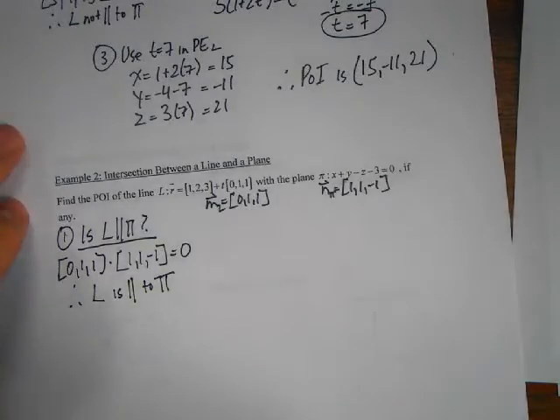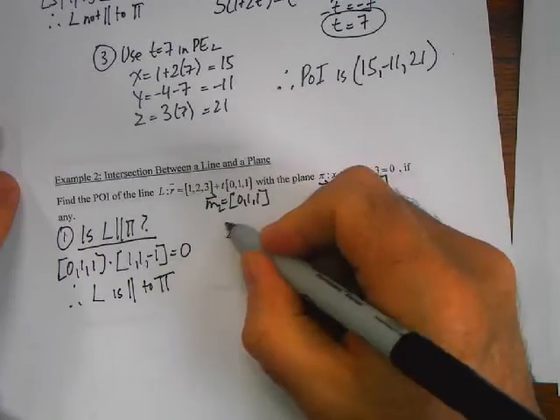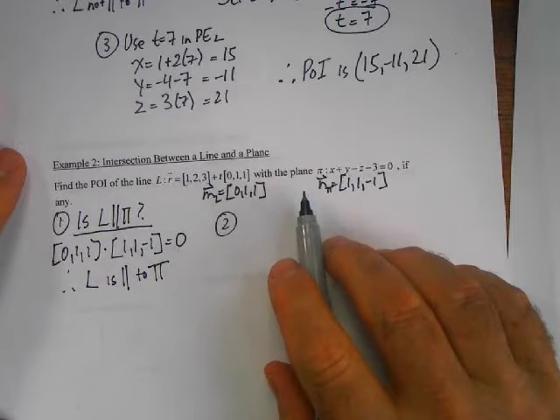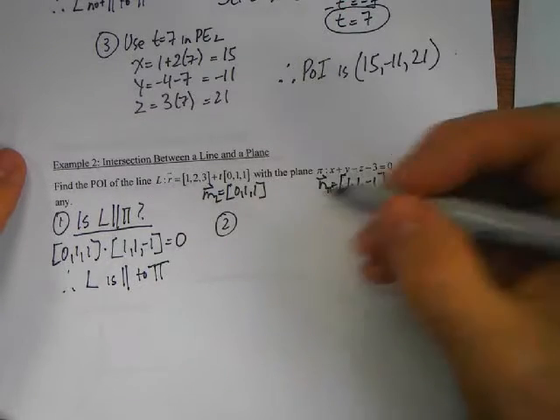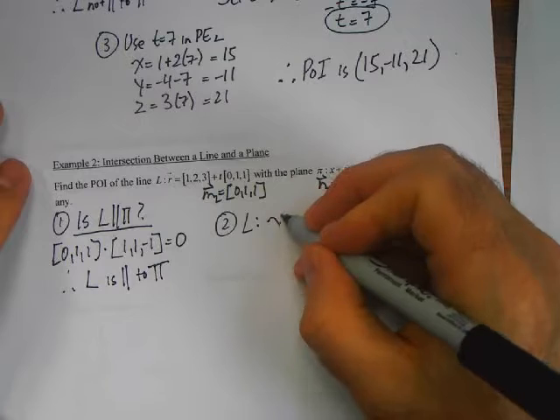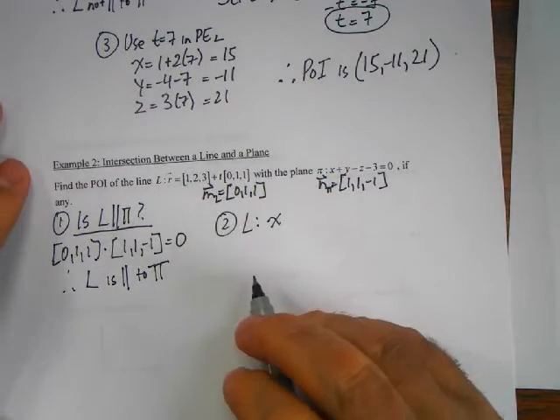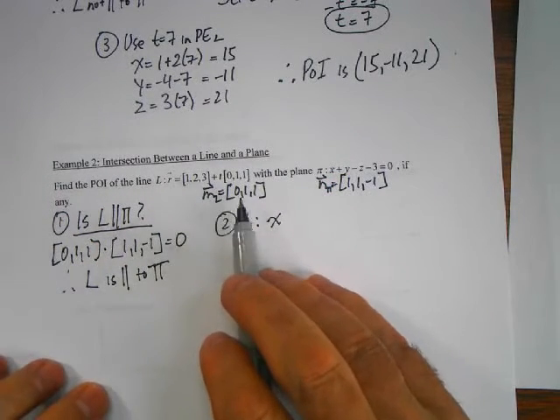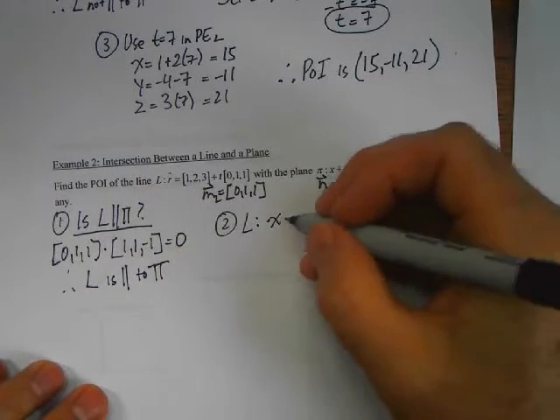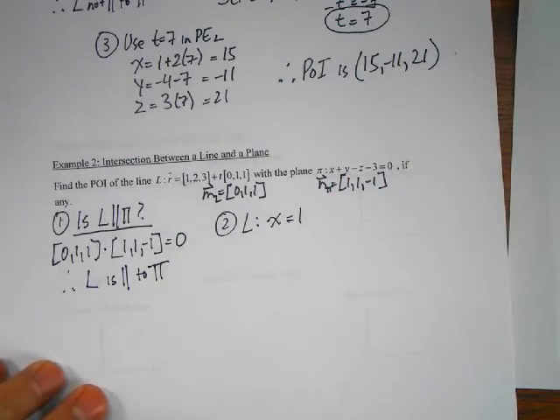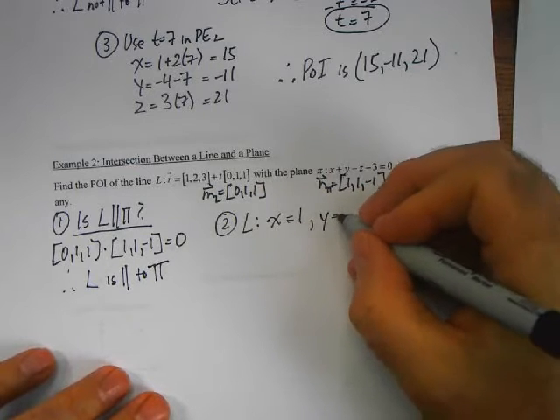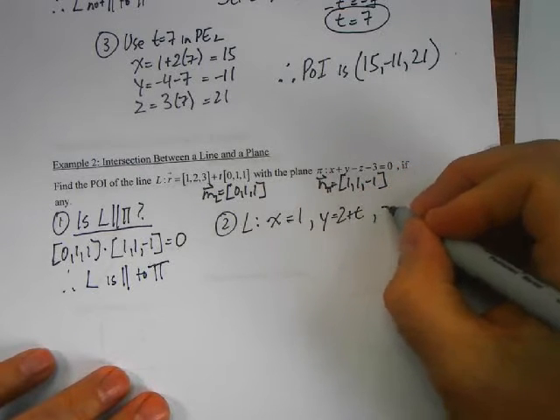Similar to what we did in example 1, we'll get the parametric equations from the line. So if we go back to here, x equals 1 plus 0t, so that's just x equals 1. y is equal to 2 plus t, and z is equal to 3 plus t.